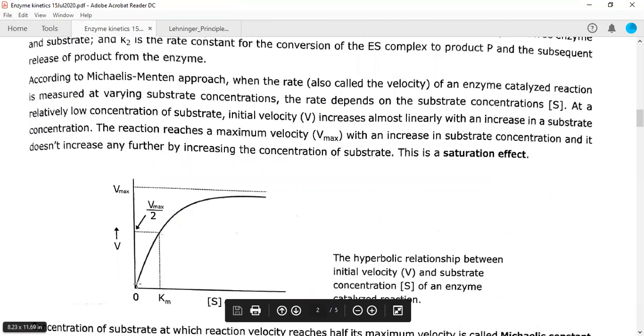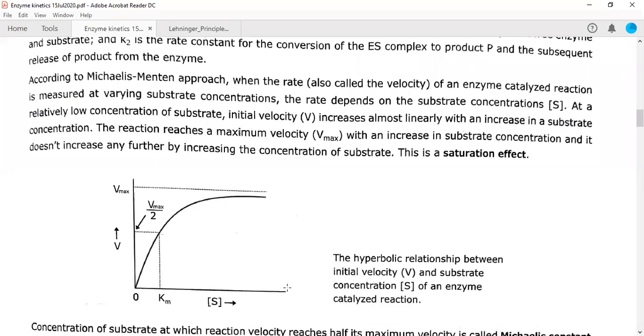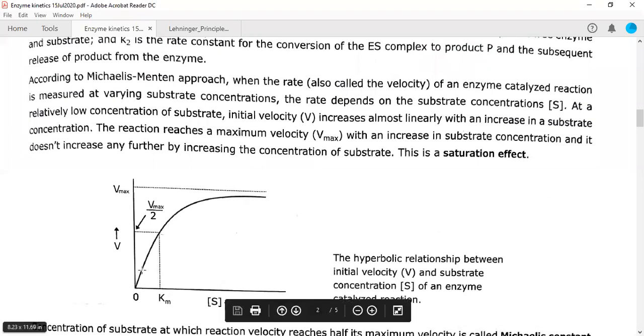You can assume that at zero reaction velocity in the test tube, there is only enzyme. But if you start adding the substrate, suppose you have taken a pipette and you start adding the substrate dropwise, the substrate concentration is increasing, therefore the enzyme will start binding with substrate and the rate of reaction will start increasing, okay, initially.